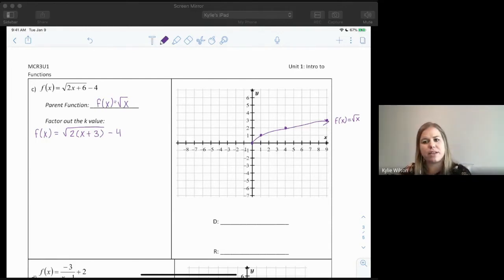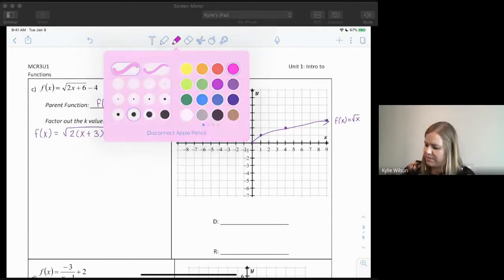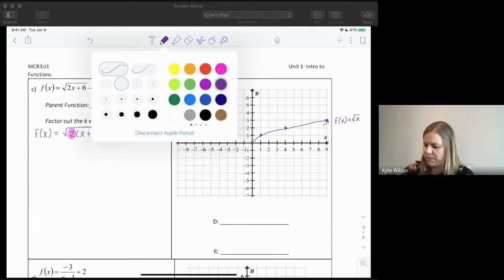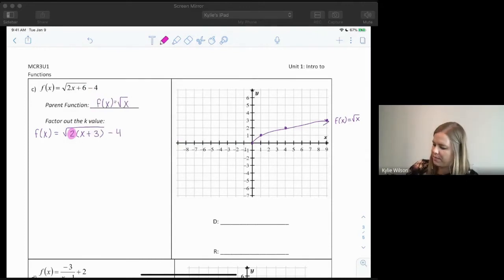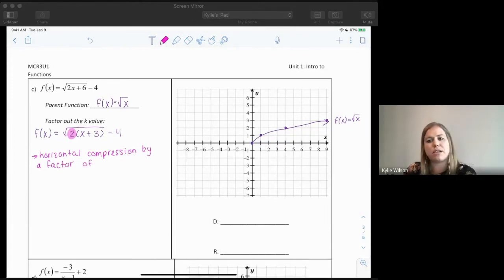No a value, so we don't need to do anything with a. That's great. We have a k value of 2. That means it's positive, so no reflections. But we do have a horizontal compression by a factor of, and remember, it's always 1 over k. So in this case, it is a half.